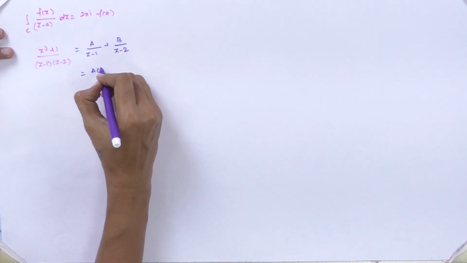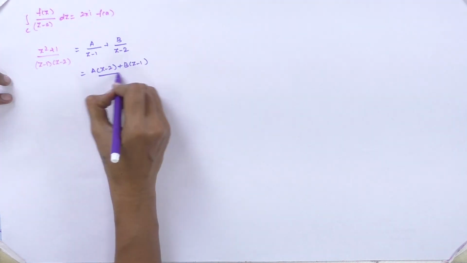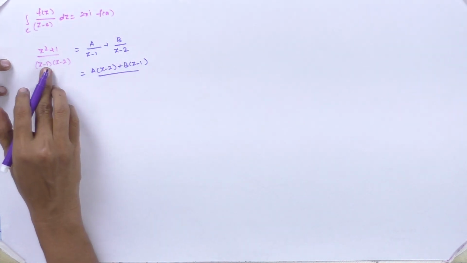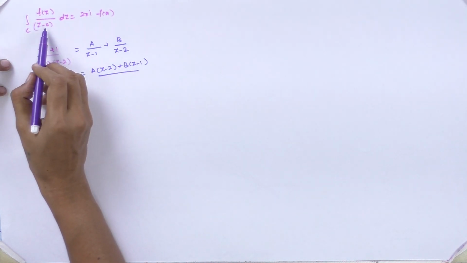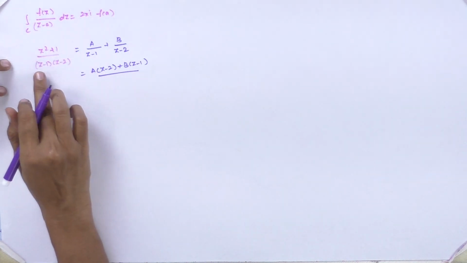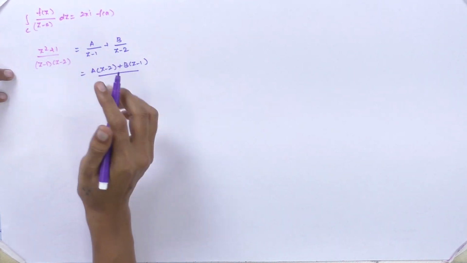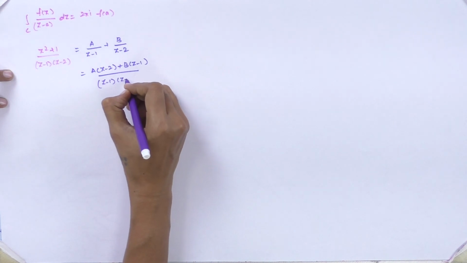We are using partial fractions because we have seen a formula only for 1 point, so we have to separate these two denominators. The only method available is partial fraction.